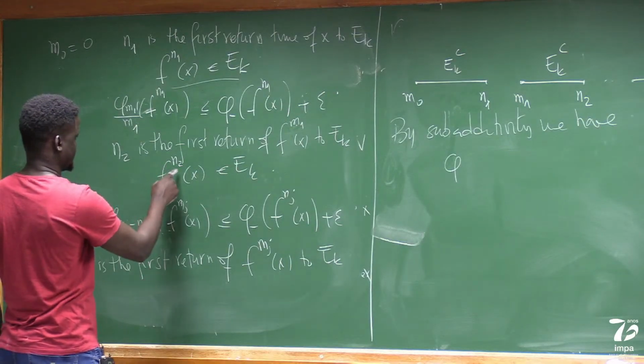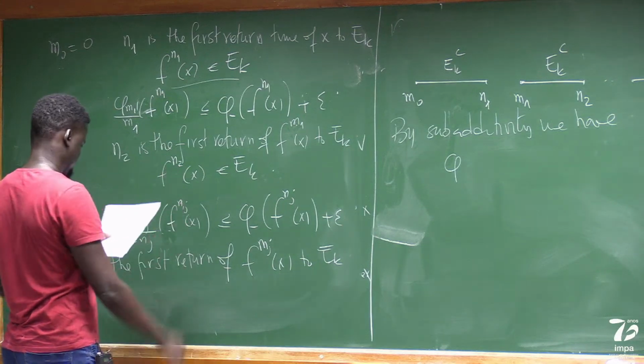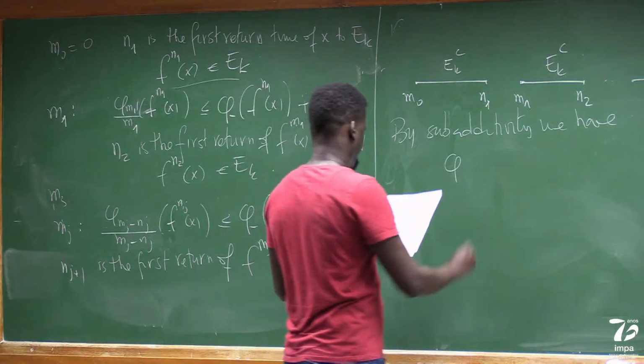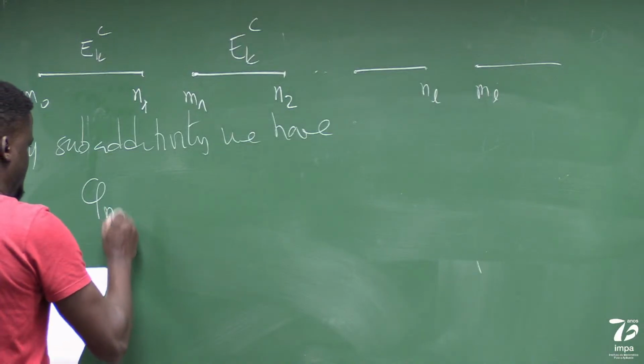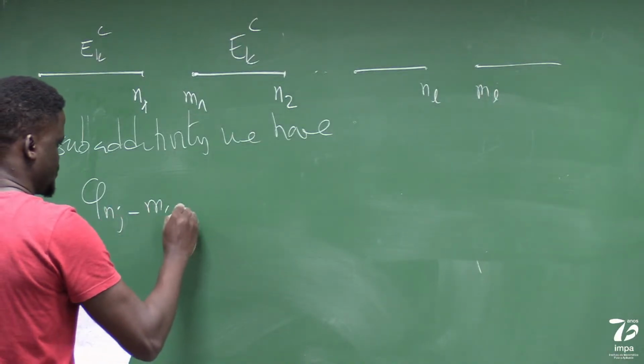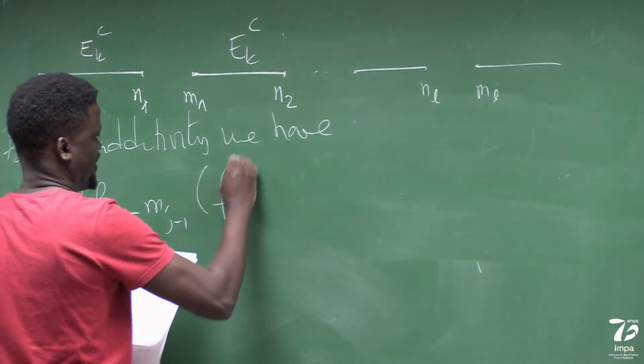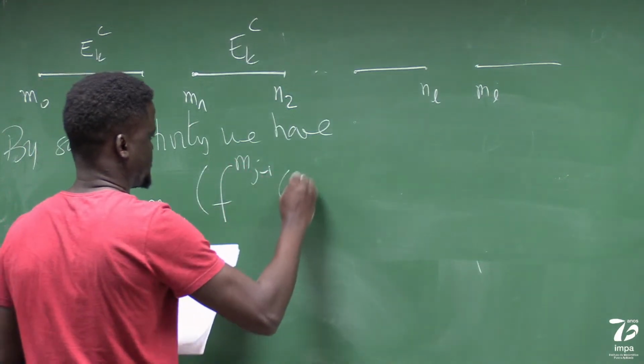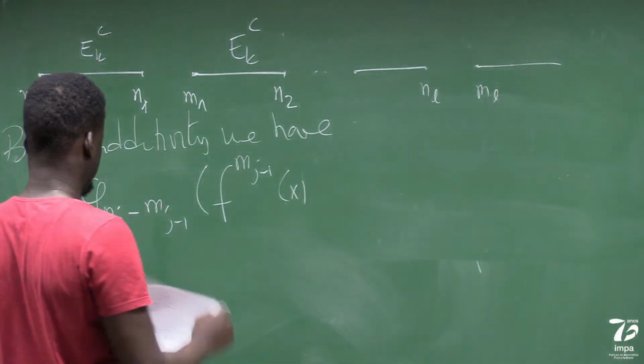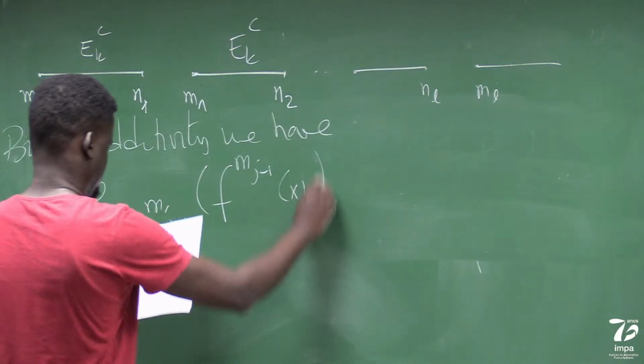So this is phi_{nj minus mj minus 1} at F^{mj minus 1} x.